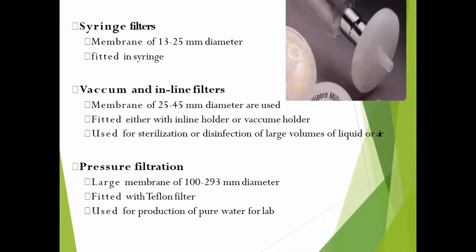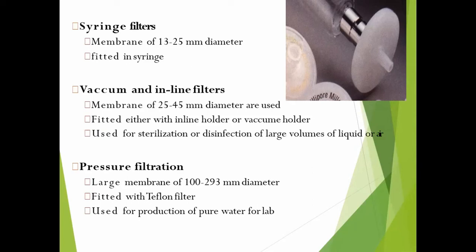Our next one is the syringe filter. A membrane of 13 to 25 millimeter diameter is fitted in a syringe. Vacuum and inline filters use a membrane of 25 to 45 millimeter diameter, fitted with either an inline holder or vacuum holder, used for sterilization or disinfection of large volumes of liquid.